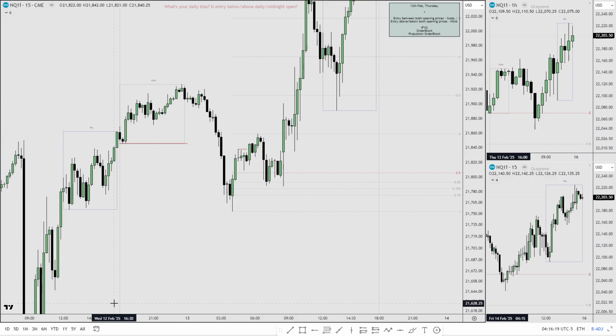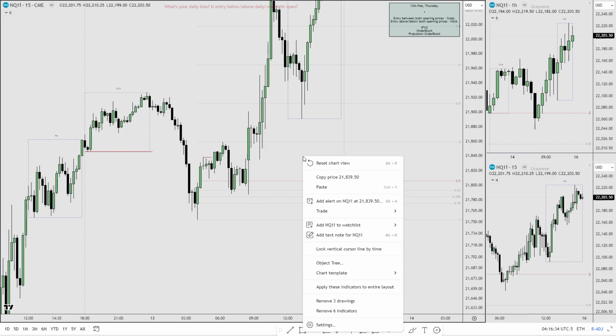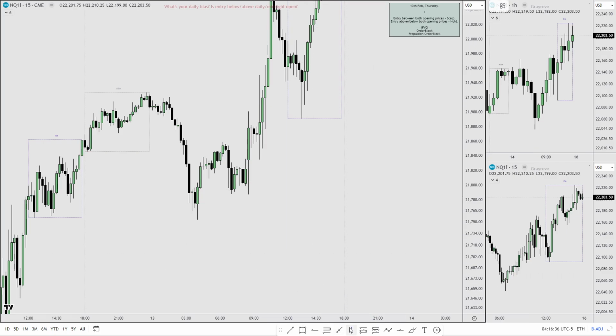He mentions this before. Now right here you can see that price offered discount before trading higher. Let's just say you're not awake during London like me, and you're only entering the market in the New York AM session. So I assume you start your chart time at 9 o'clock. This is what you would have seen.